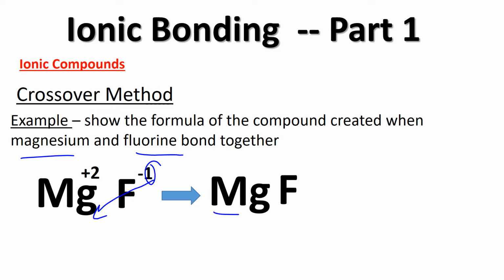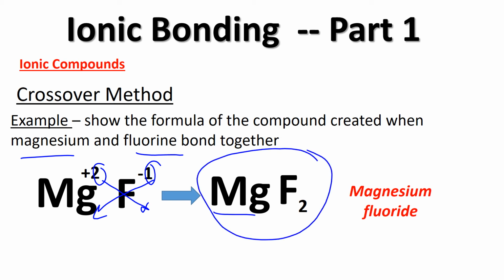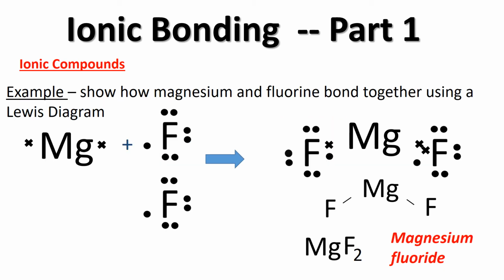Just by reading Mg, it's understood that there would be 1 there. And to figure out how many fluorines there are, we go to the number with the magnesium, that crosses down, and it tells us there are 2. And our name would be, again, magnesium fluoride, MgF2.